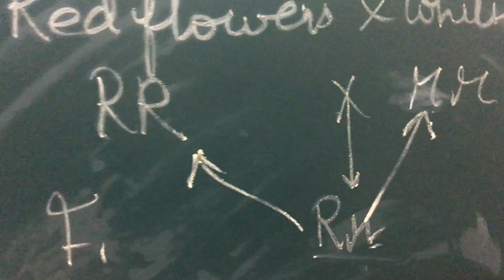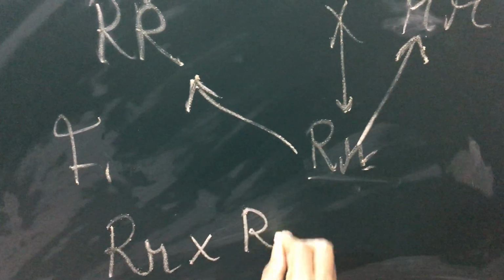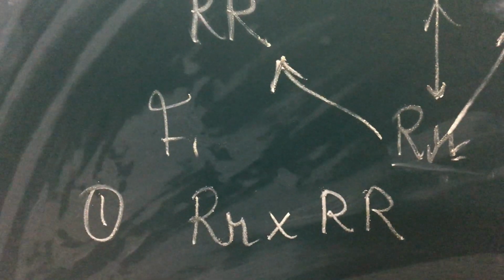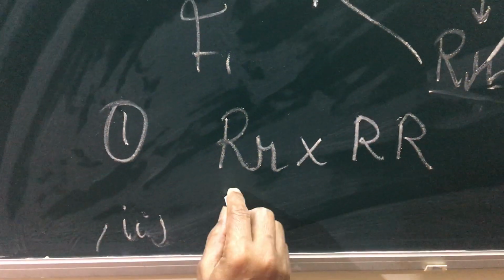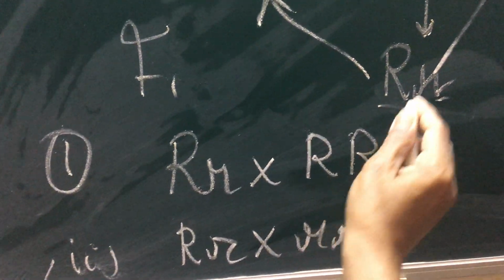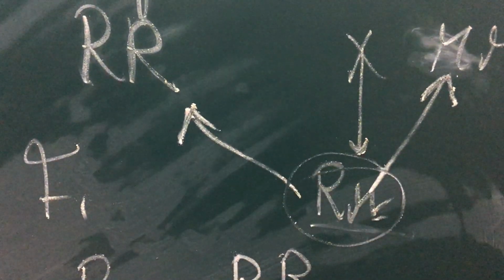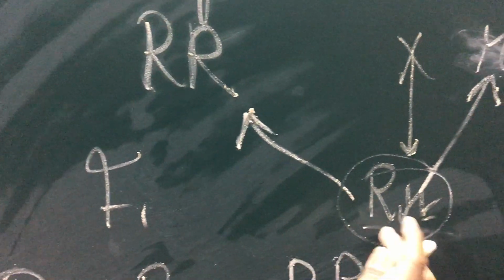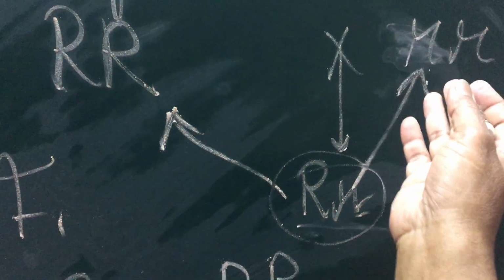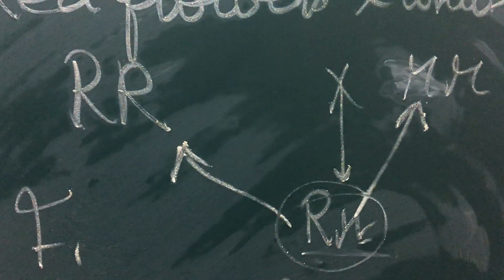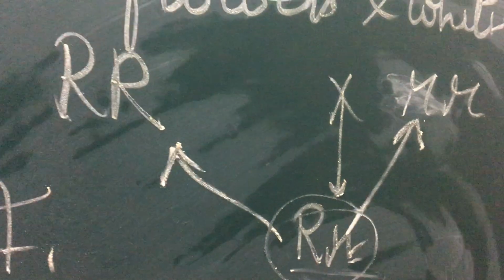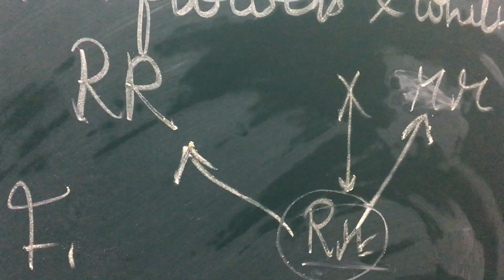Means capital R, small r into capital R and capital R. This is the first example, and second is capital R, small r into small r, small r. So with any of the parent, the offspring of F1 generation are made to cross backward, that is either of the parent. Understand? So back cross means backward we are making the cross.